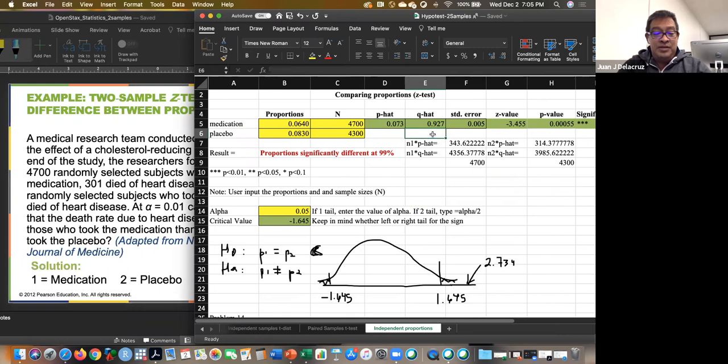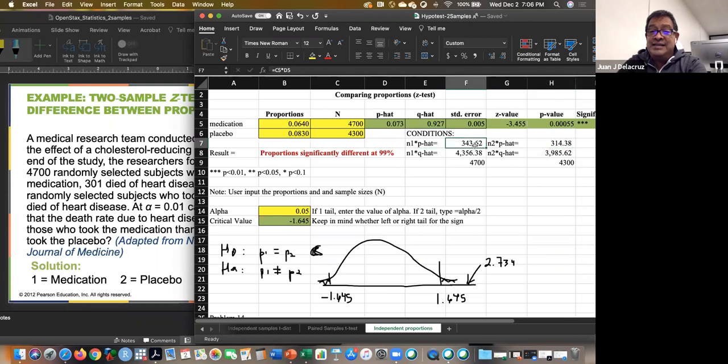So I'm going to put here with big letters, conditions. Those conditions are met, because if I multiply n1 times p hat or p bar, I have a number that is greater than 5.